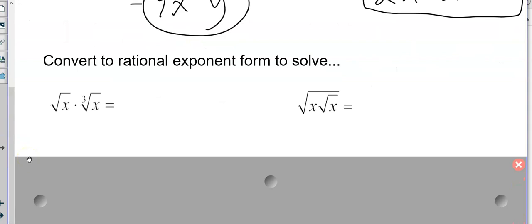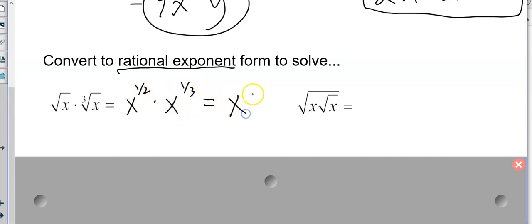Now, when you come to a problem like this, I don't know how to do this in radicals. So really tough problem, convert them to rational exponents. So this is what this means. So we're going to have x to the 1/2 times x to the 1/3. Right? Well, now I can do this one because the rule is with exponents, you just add.